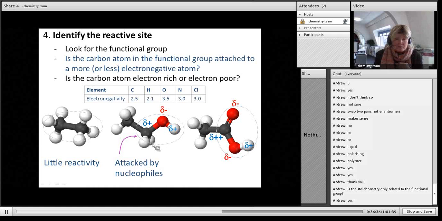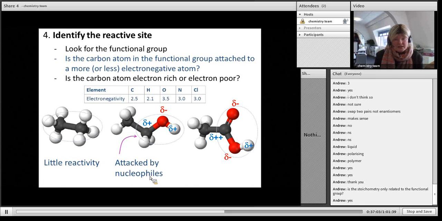Alcohols are a lot more reactive, and they're what we call attacked by nucleophiles. Philes means loving, so nucleophile means nucleus-loving, positive-loving. A nucleophile will be electron rich in itself, so OH minus is a nucleophile because it's a negative ion, so it's electron rich.